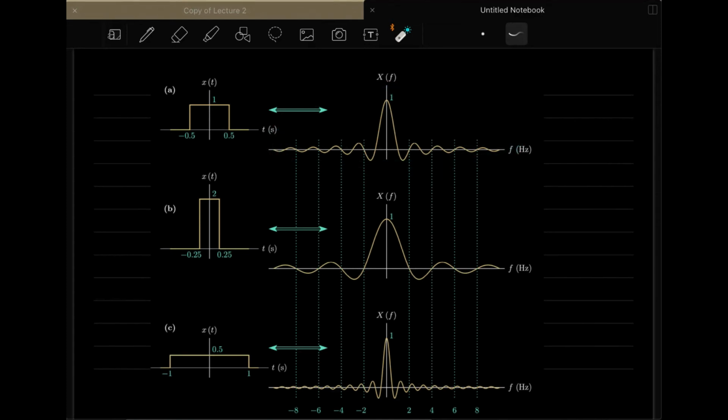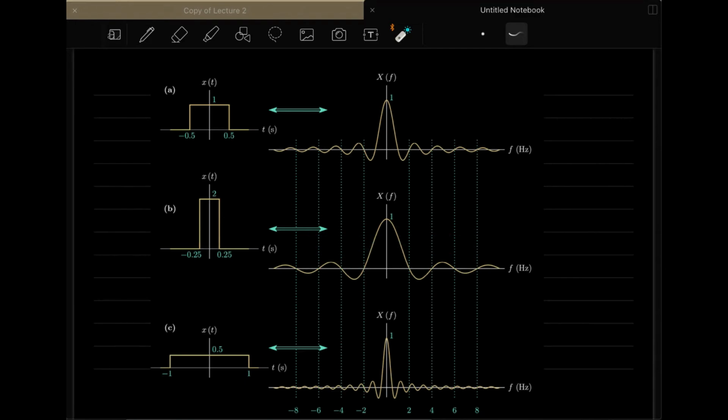If you scale by a factor of a and compress the signal, then you can see the corresponding frequency components are expanded. But if you expand the signal in the time domain, then the corresponding Fourier spectrum will be compressed. You can see it compresses like this. Whereas in the other case, when you compress the time signal, then the Fourier transform becomes expanded.